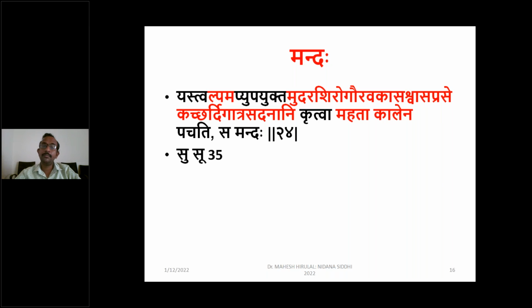Alpahara is there, but the person takes a maximum duration for the digestion of ahara. And in the process of digestion, the person will also feel udara, shirogaurava, kasa, shwasa, praseka, chardi, gatra sadana. The person will feel all these lakshanas.